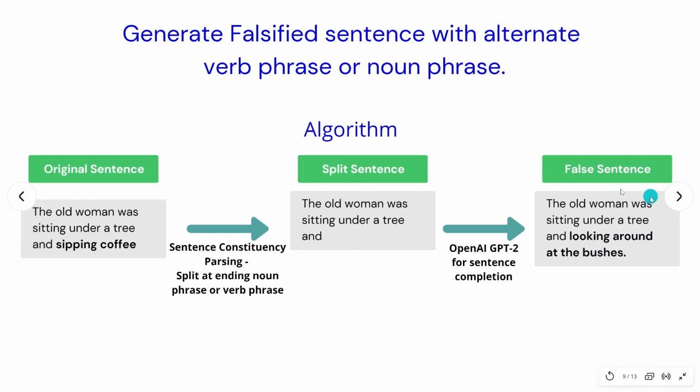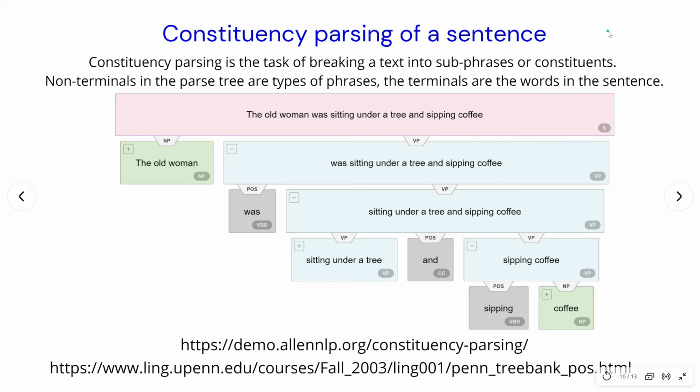Now we will use constituency parsing as well as OpenAI text generation to generate this alternate sentence that could be used as a false sentence. Now a note on constituency parsing. Constituency parsing is the task of breaking a text into its subphrases or constituents.